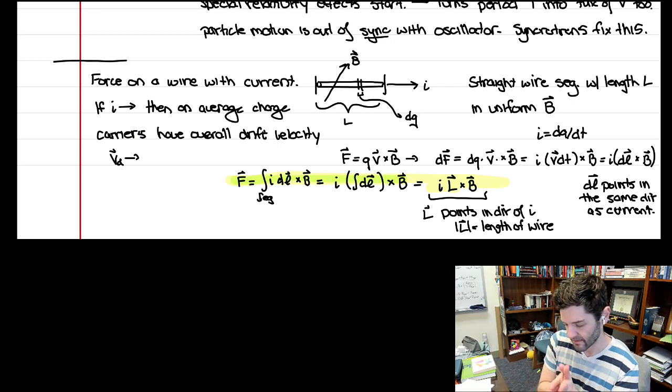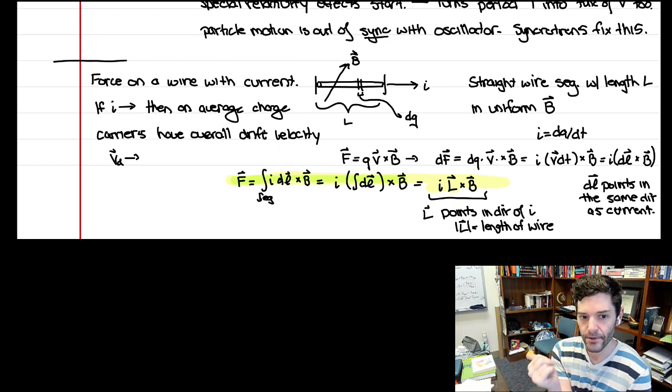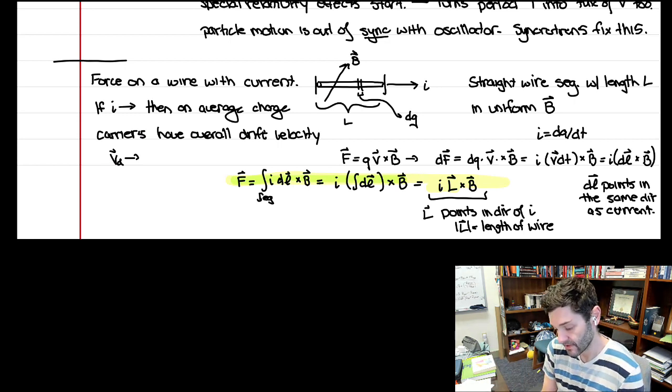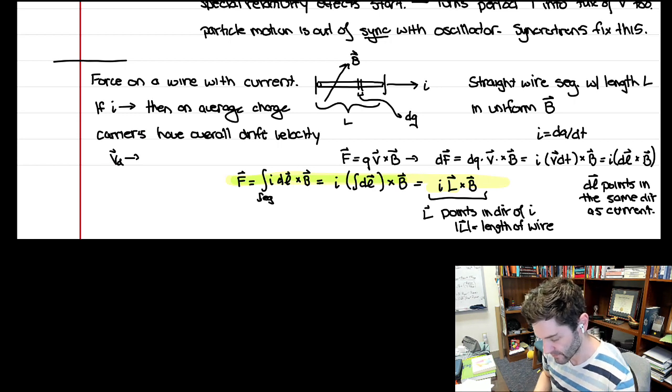So if it has a total length of capital L, and you have a magnetic field, you can calculate the force using the right-hand rule. Let me just do one example and then we'll be done.